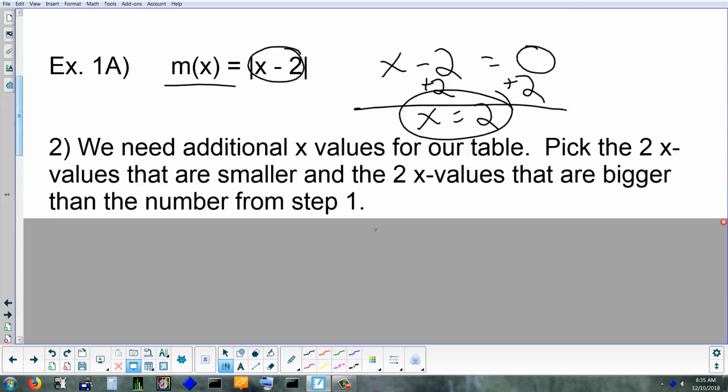So for step 2, we need additional x values for our table. Pick the 2 x values that are smaller than this number, and the 2 x values that are bigger than the number from step 1. What I like to do is pick the 2 higher numbers first, because then I'm dealing with positives.